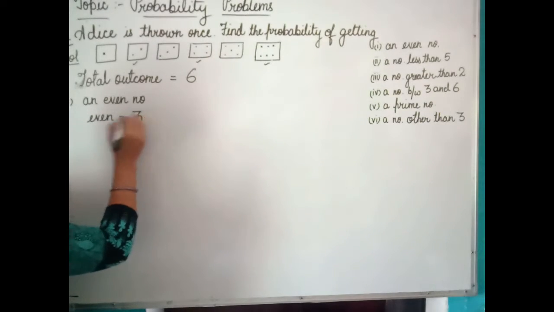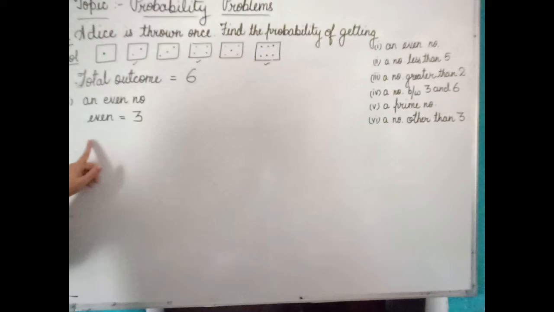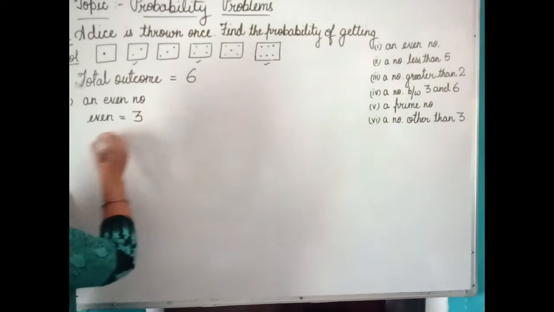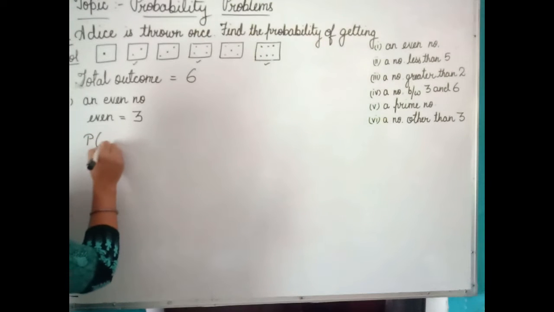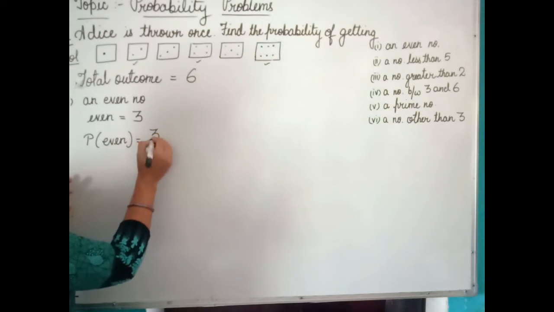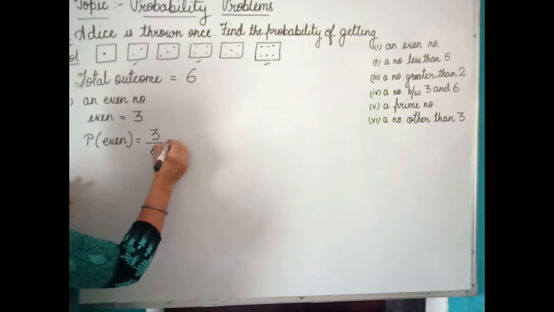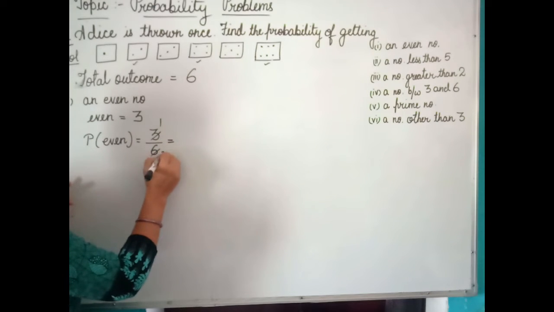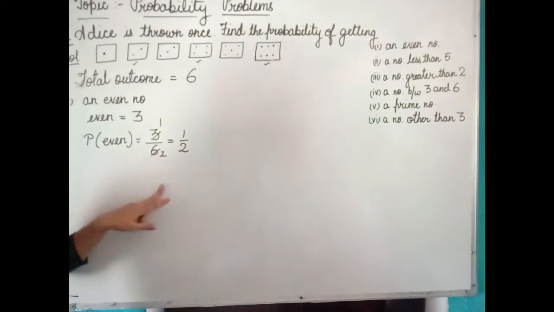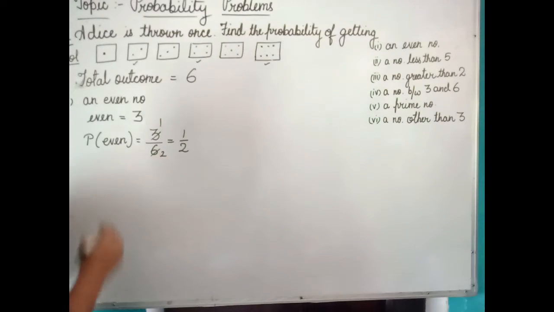So the number of even numbers on this dice is 3, which are 2, 4 and 6. Now let's find the probability of an even number. Favorable outcomes, which is 3, upon total outcomes, that is 6. Simplifying, you will get 1 upon 2. So this is the probability of getting an even number.